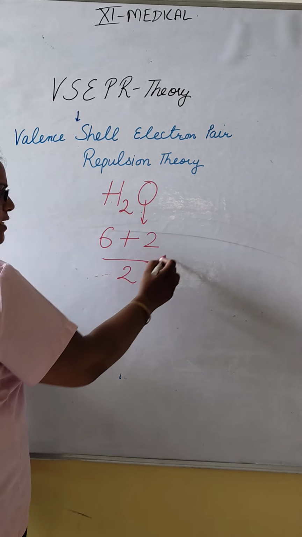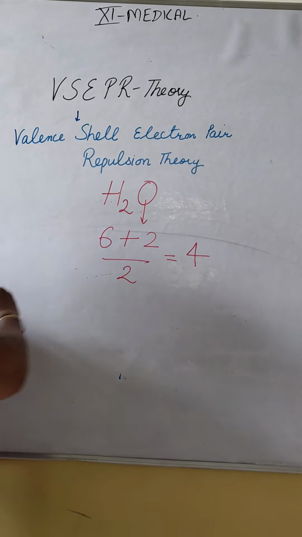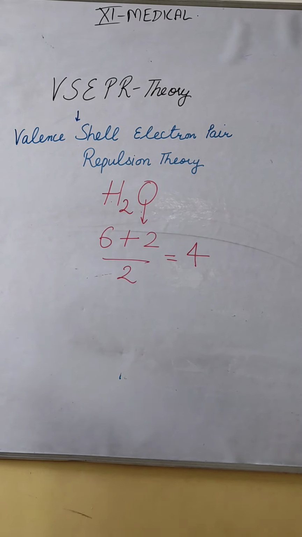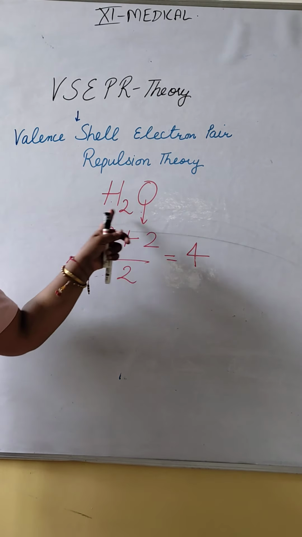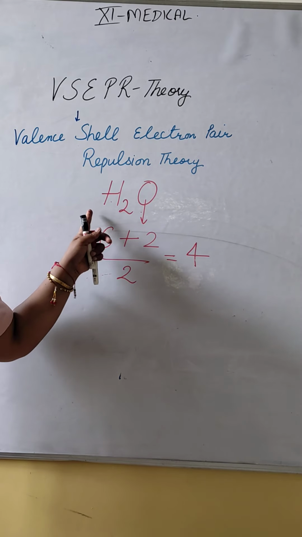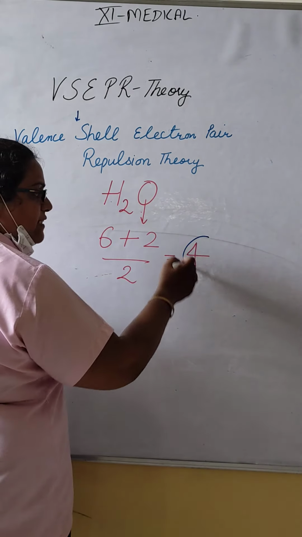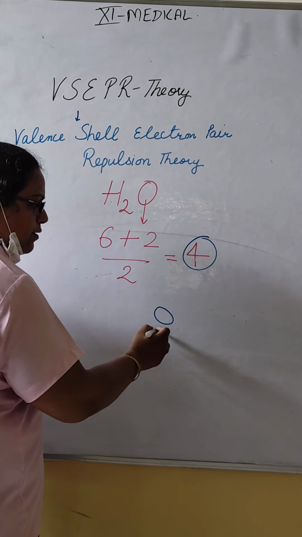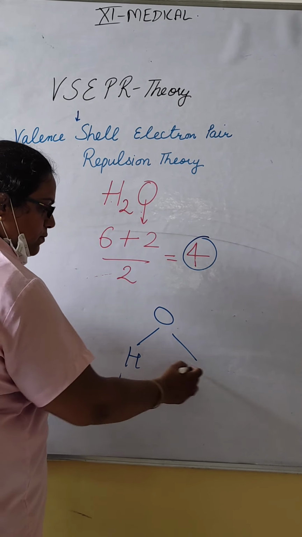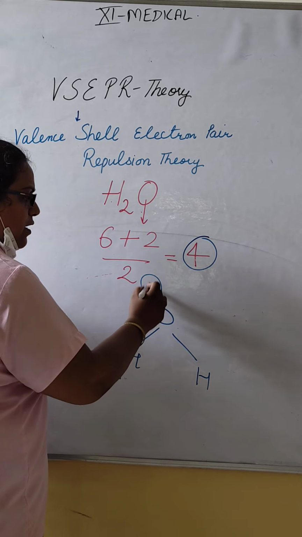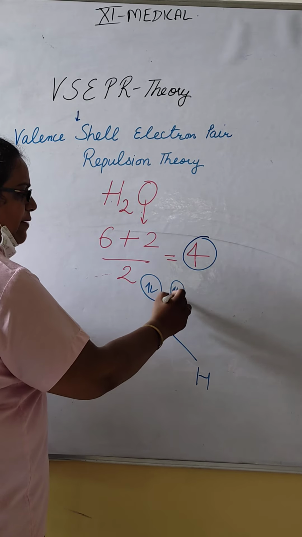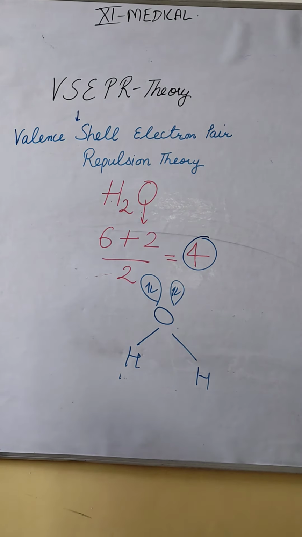Divide by 2, it comes out to be 4. So the total number of electron pairs is 4, but it is forming only 2 bonds. So it must include 2 lone pairs. Very good. It is AB4 type, and now here 2 positions are occupied by lone pairs.